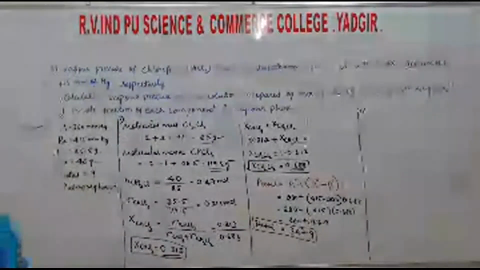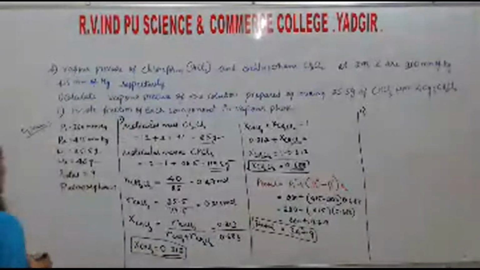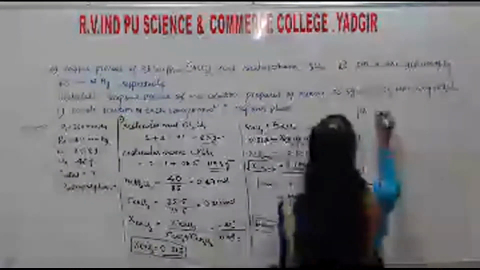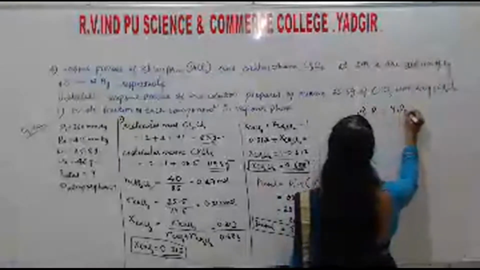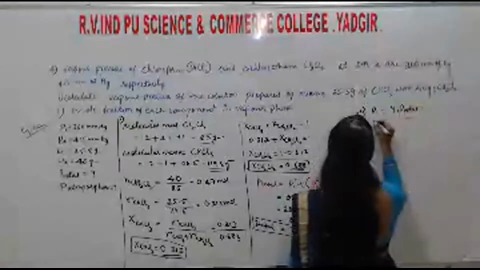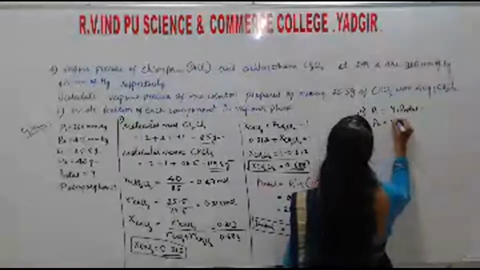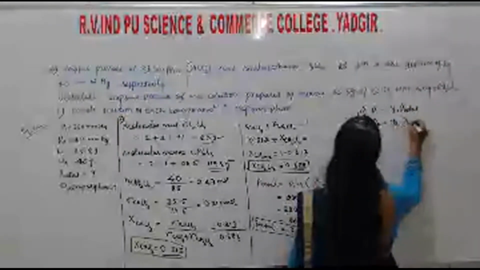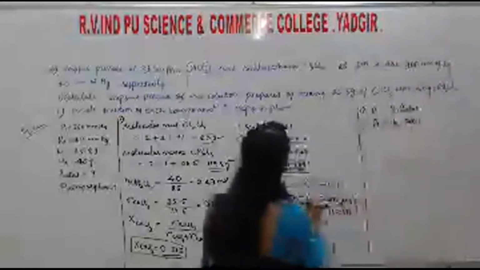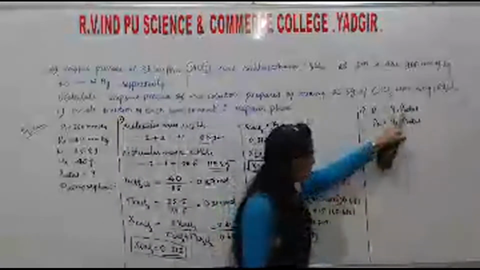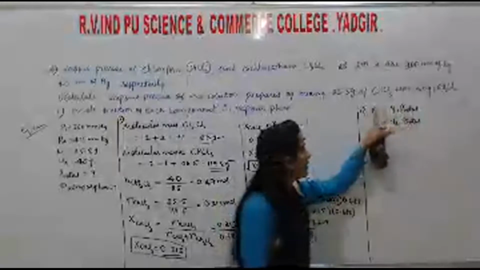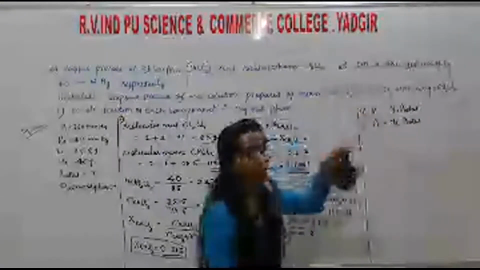So in the vapor phase, the formula is P1 is equal to Y1 into P total, and P2 is equal to Y2 into P total. They are taken as the mole fraction. If the mole fraction is multiplied by the total pressure, we will get the pressure of the respective component.